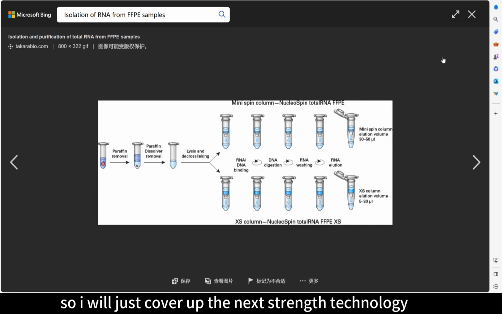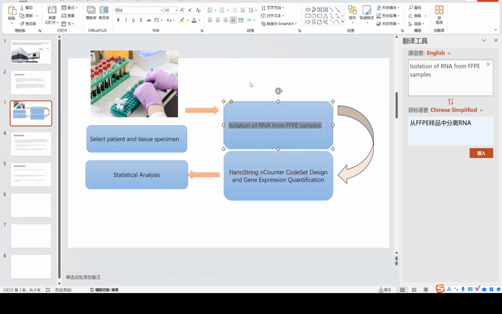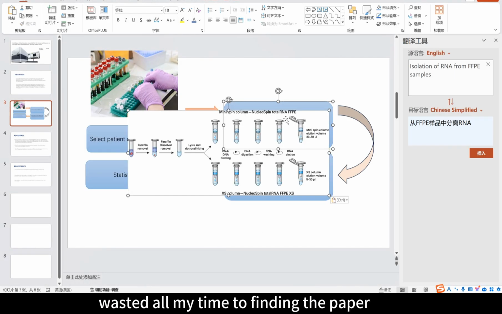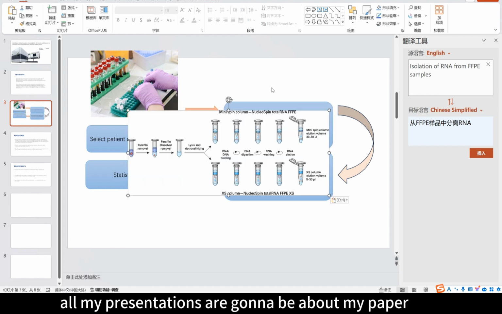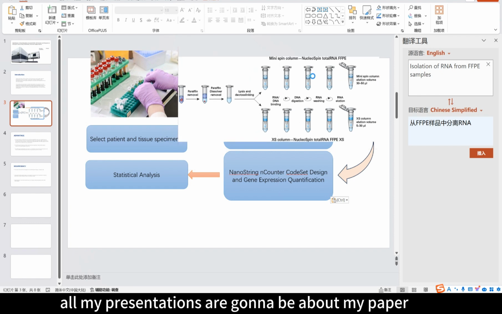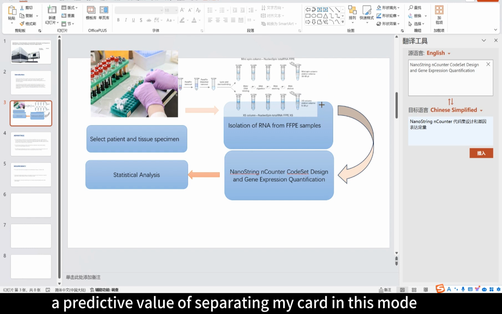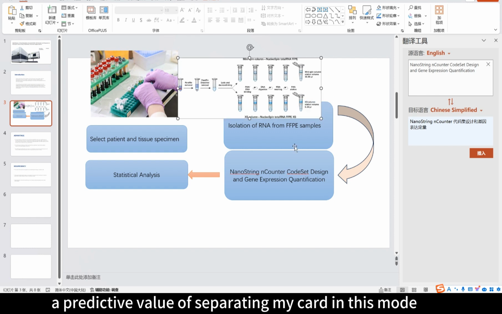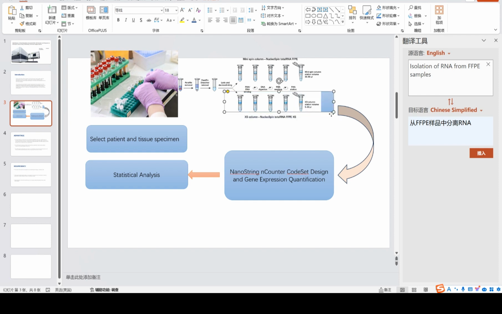So I will just cover the nanostring technology in my topic, because I wasted all my time finding the papers, thinking my whole presentation would be about my paper. So today I will present about nanostring technology, the predictive value of circulating microRNA in lymph node metastasis for colon cancer.